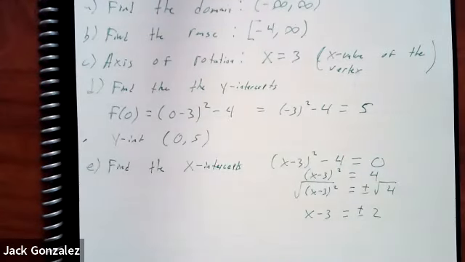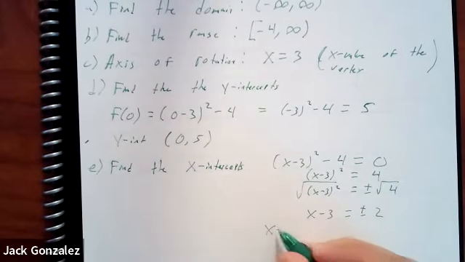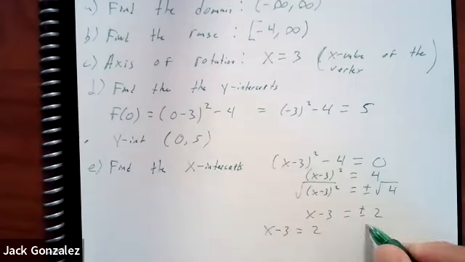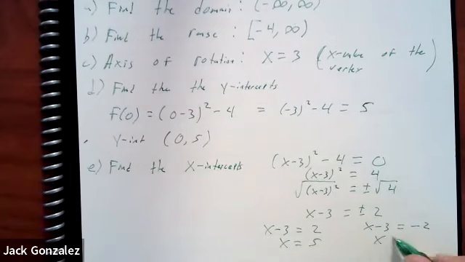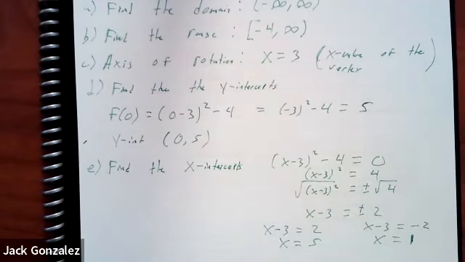So what are the two X values? Yeah, 5 is one of them. The other one? It'd be positive 2 plus 3, sorry.